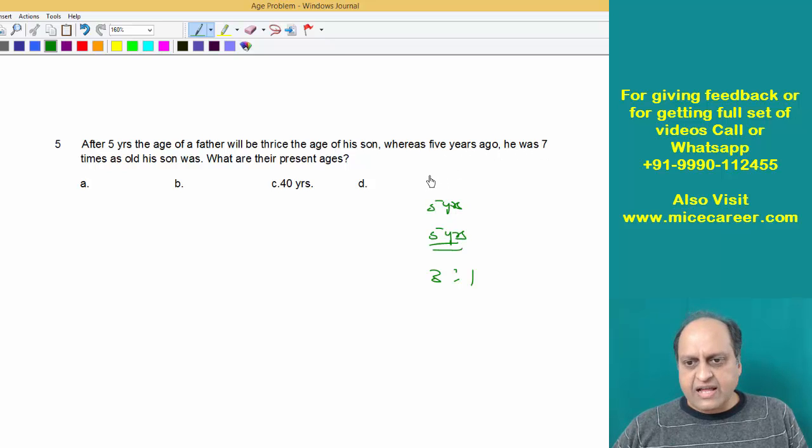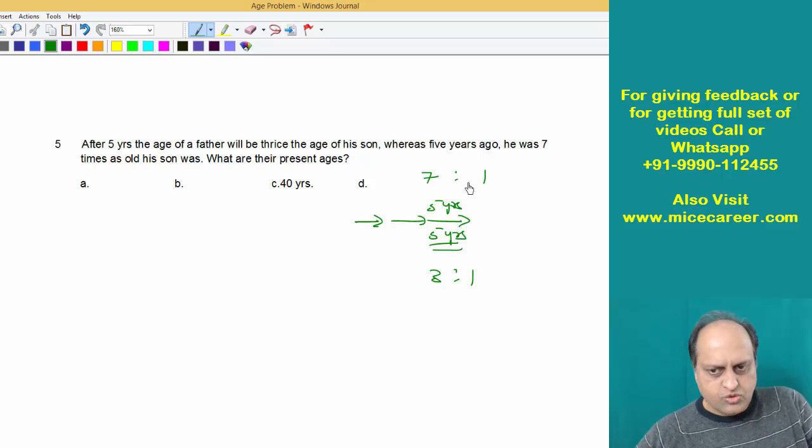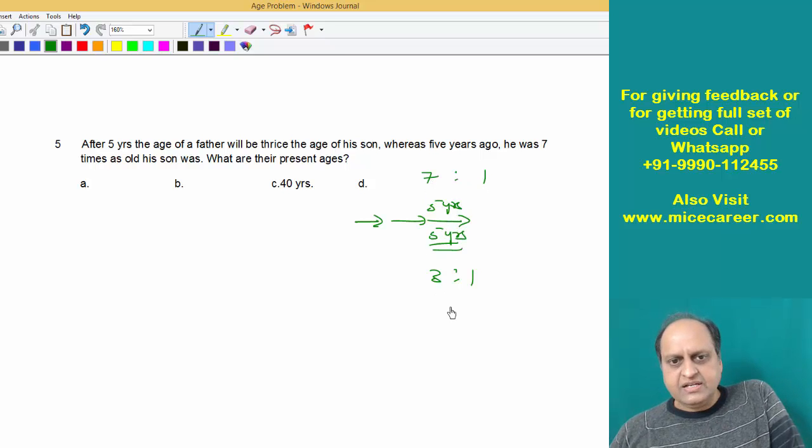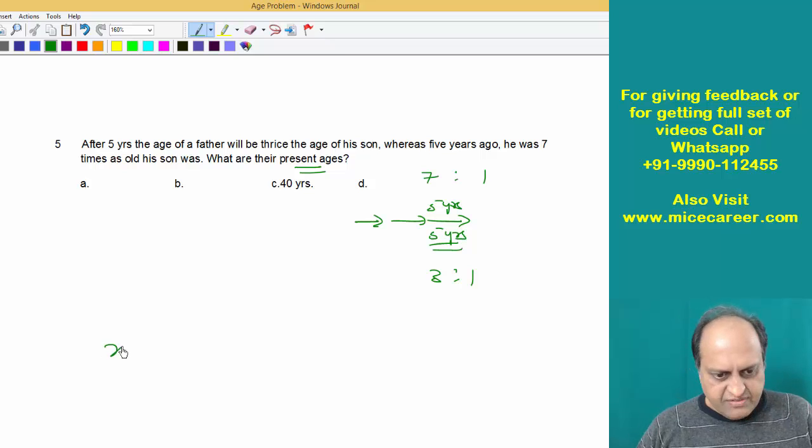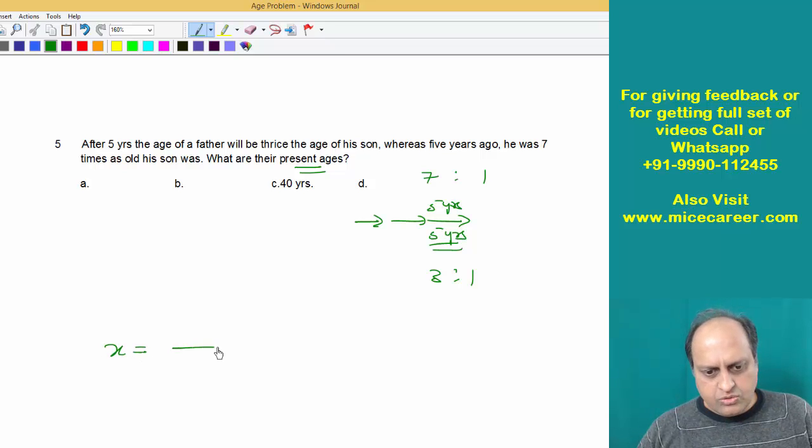He was 7 times as old as son. 7:1. So here is present in between. 5 years ago it was 7:1. 5 years hence it will be 3:1. So the total gap is 5 plus 5, 10. What are their present ages? No problem. Straight away solve x. X is equal to 3 minus 1 into gap.